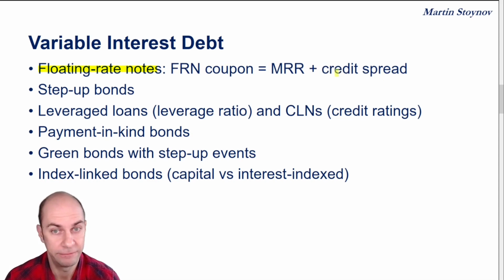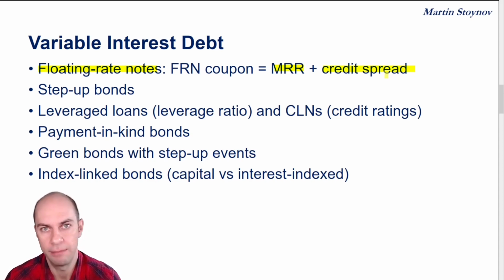So you can see here the formula will take the market reference rate, so the SOFR, the SONIA, the IONIA, the LIBOR, and then I'm going to be adding a credit spread to account for the fact that my issuer is less trustworthy than the reference rate. Remember, the reference rate is based on large multinational banks.